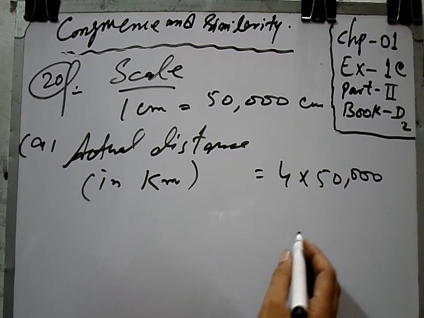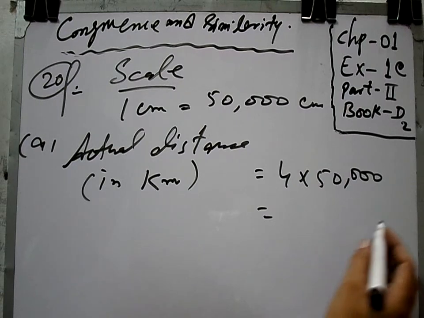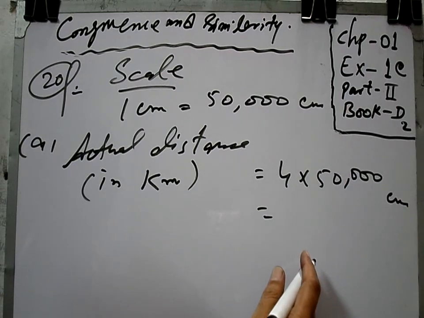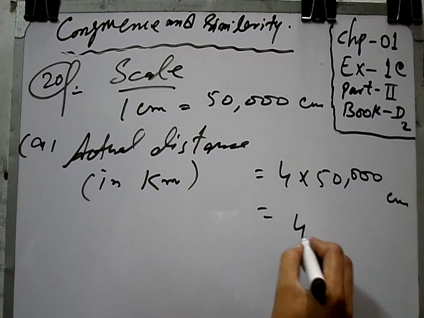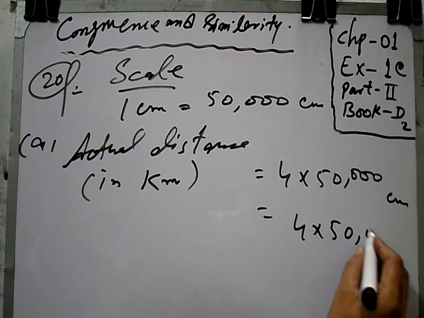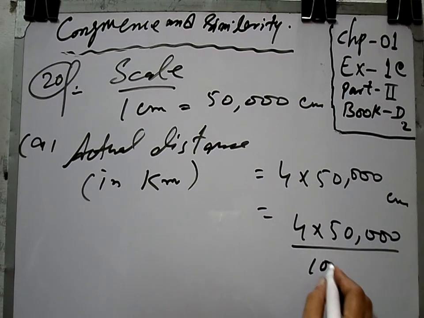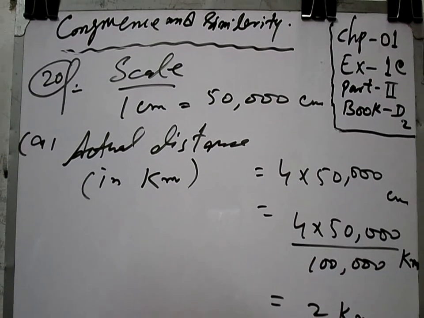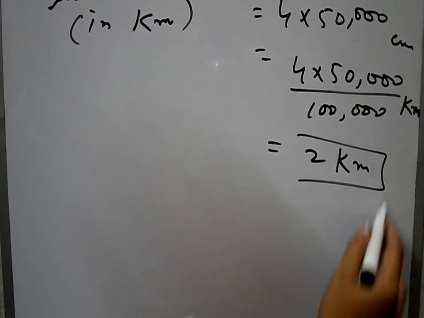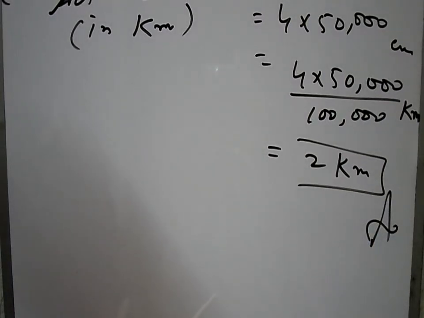So it will be in centimeters, so after multiplication you have to divide by 100,000 to convert into kilometers. So after simplification you will get 2 kilometer as your simple result in A portion.